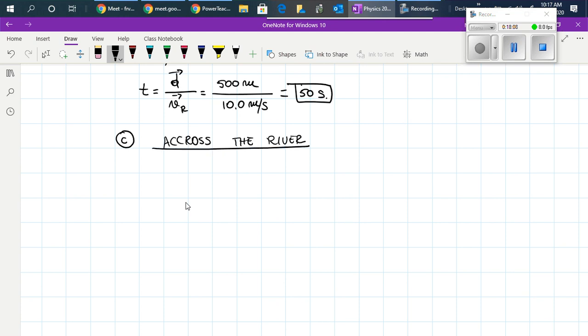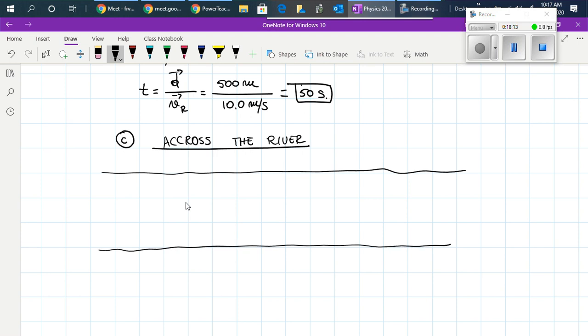So the situation will be, this is the river, and the current is still going east. So the current will be, let's say, 4 meters per second going east.